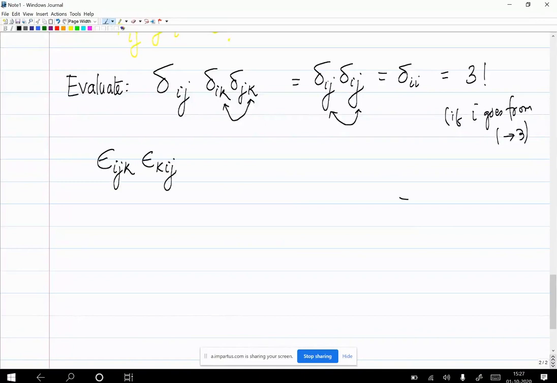So what is this going to become? So here we have to apply that epsilon delta relationship. So if you recall from yesterday, it was epsilon ijk into epsilon imn. So that is equal to, see, it is very easy to remember.